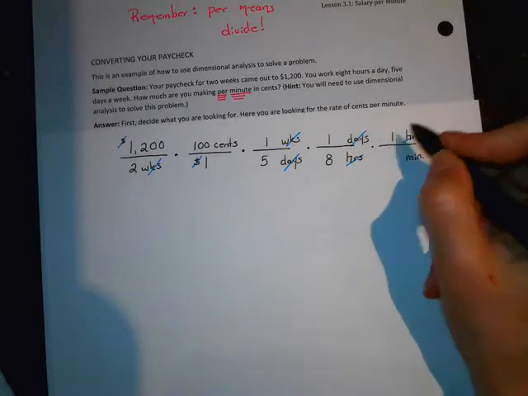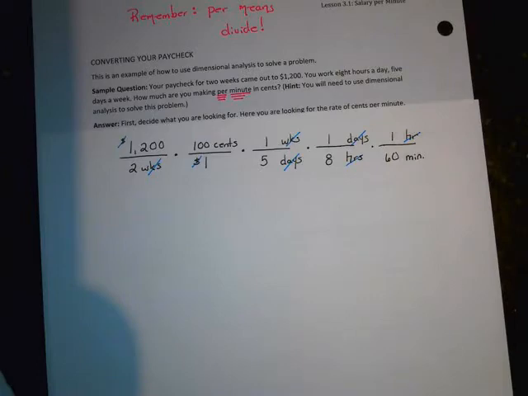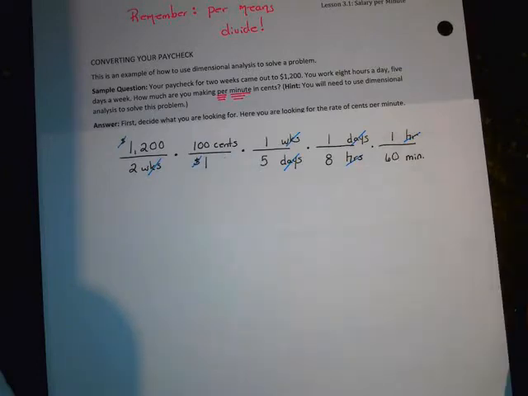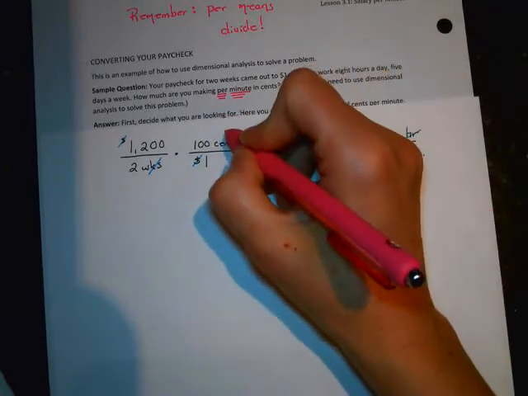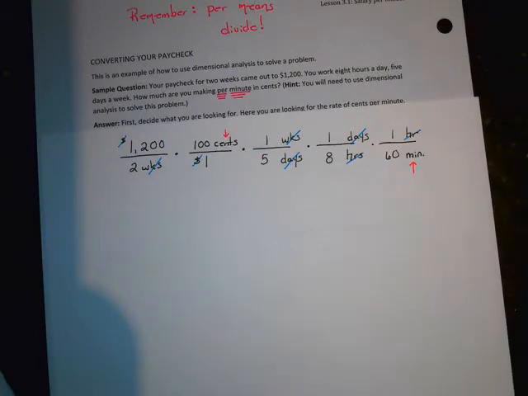So look, the only units we have left are over here. We have cents, right here, cents in the numerator, and minutes in the denominator. So now you just have to pull out your calculator. Now, there's a couple ways you could do it. If you just want to put in all of these fractions and just multiply, go for it. You ready?